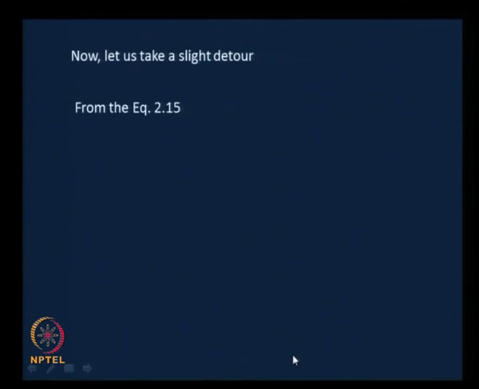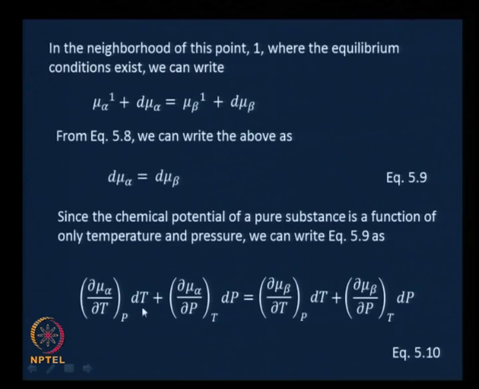And then we took a detour to get expressions that are useful for the temperature derivative of the chemical potential and the pressure derivative of the chemical potential at constant pressure and temperature respectively. We also got one more equation that was useful.